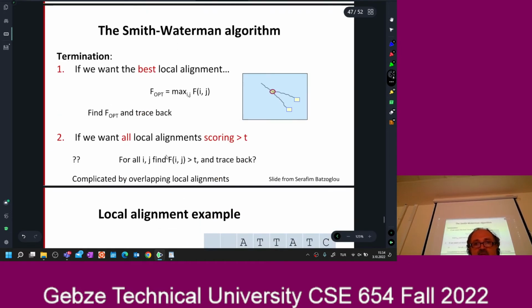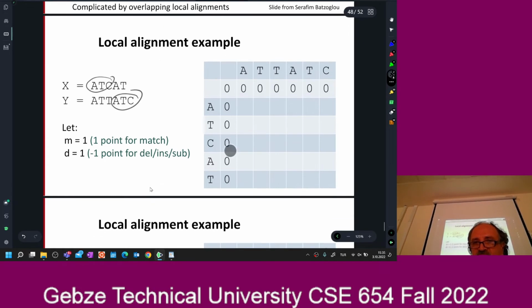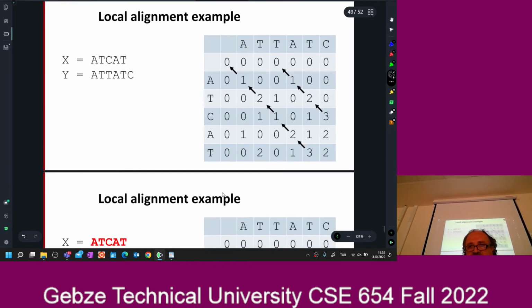Good. So let's move on. This local alignment example, okay, am I going to find, for example, this ATC with this ATC? See, these are all filled with zeros. So once I found it, see, this one is okay, and this one is okay too, 3 and 3.